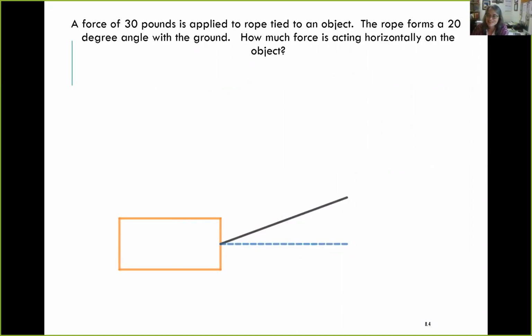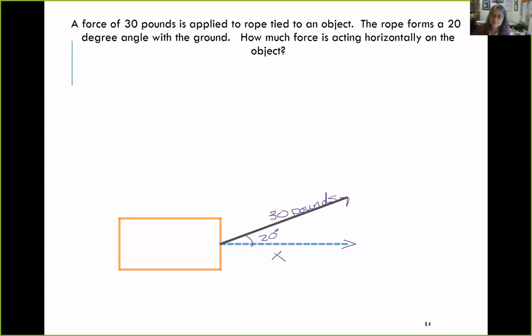Here's a more practical example. You're trying to move this object, whatever it might be, and you're trying to make it go forward. You're pulling with a force of 30 pounds. So that force is our magnitude. That is a vector quantity. You're pulling upward at an angle of 20 degrees. And you're wondering how much of that 30 pounds of force is actually helping you move forward. Well, what you're really asking is, what is the horizontal component of this 30-pound vector?